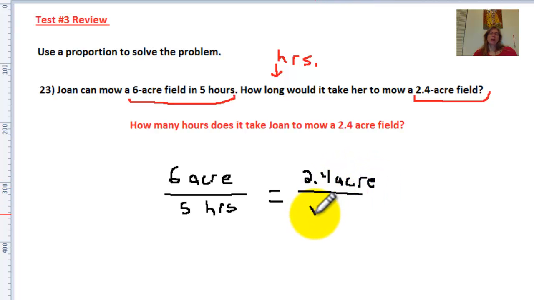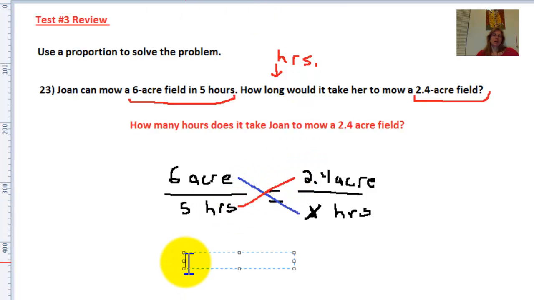And now that's over X hours. We just don't know how long it'll take her to do that extra amount of acreage, but we do know how long it takes her to do 6 acres, and that's 5 hours. So we just set up our proportion and then solve, once again with the cross multiplication.